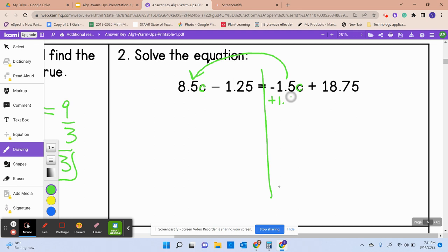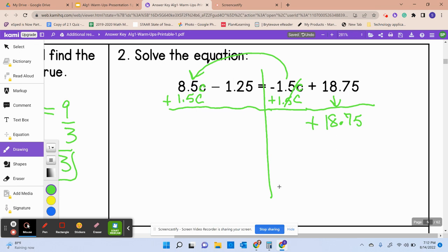So plus 1.5c, which cancels this out, and it leaves you with a positive 18.75. And then if you came to this side over here, because what you do to one side, you have to do to the other, positive 1.5c.